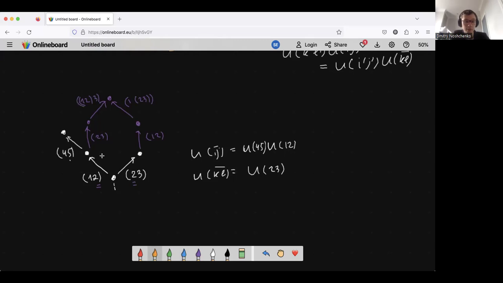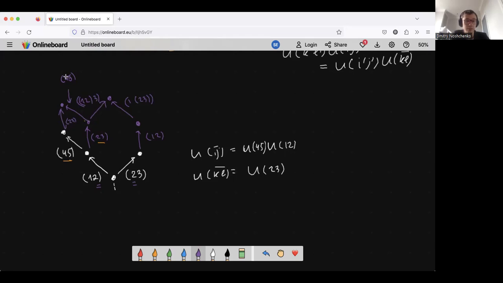But now at the second step, we can connect these two here, and they just commute because there are no repeating indices here and here. All indices are distinct, and you can just commute them by a square. Here is 2,3 again, and this is 4,5. And it remains now to connect 4,5 and 1,2,3.